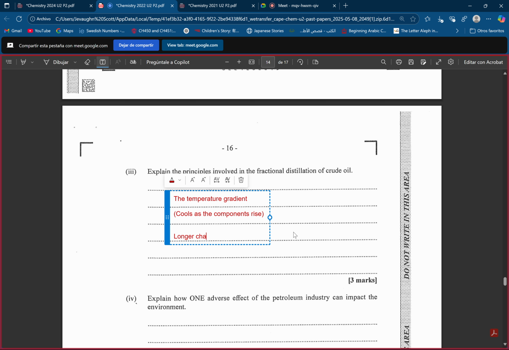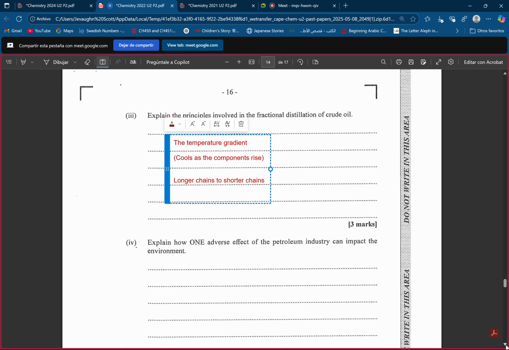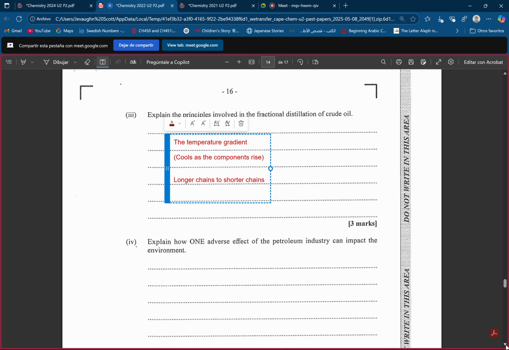Okay, lovely. So we have that. Hopefully everybody has that explanation, right? So longer chains at the bottom, lower viscosity at the top, higher viscosity at the bottom, stuff like that. We must be able to explain the principles. It is the heat gradient, the temperature gradient that they want to explain, and how does that affect the components? How does that affect the fractional distillation of crude oil?